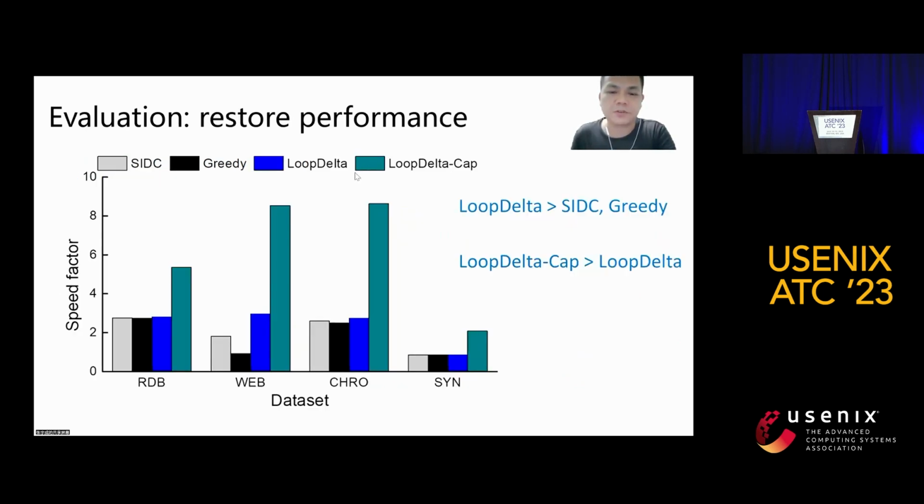This figure illustrates the restore performance achieved by the 4 data reduction approaches, and the results indicate that our approach achieves higher restore performance than the other approaches, and rewriting further significantly improves the restore performance on top of our approach.